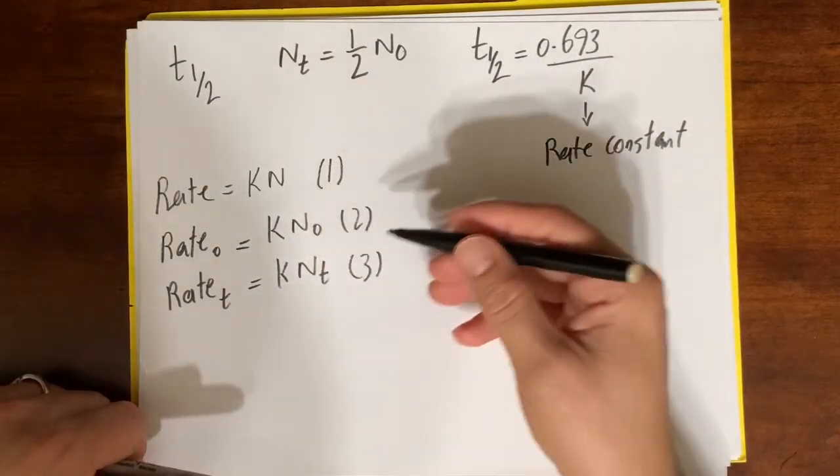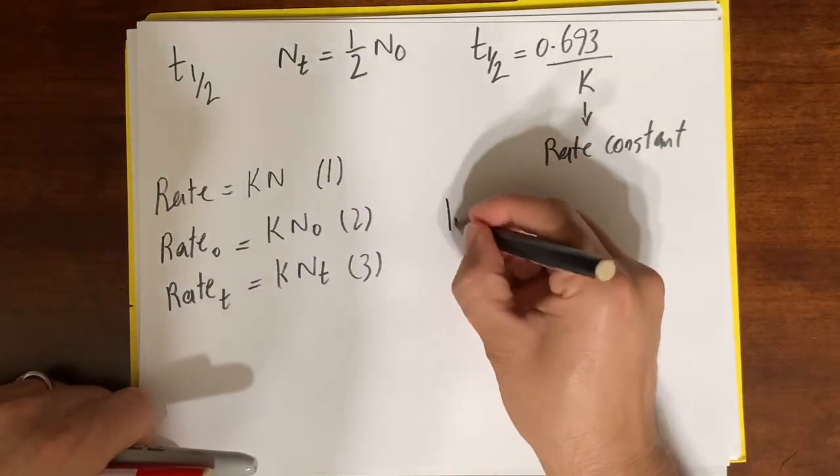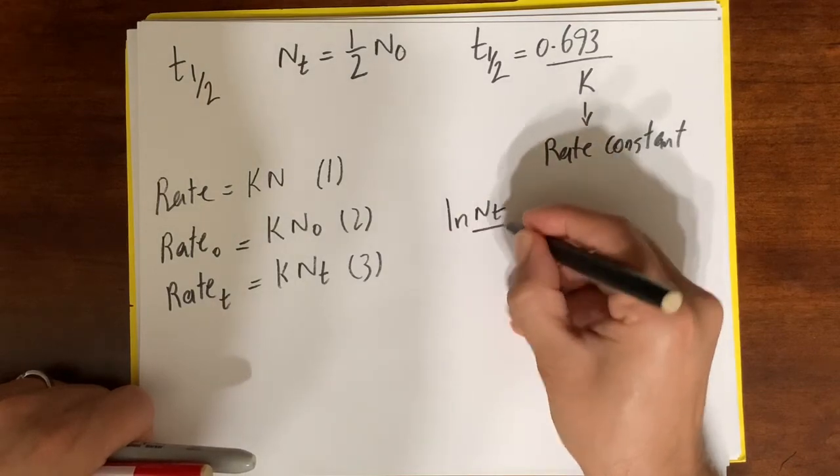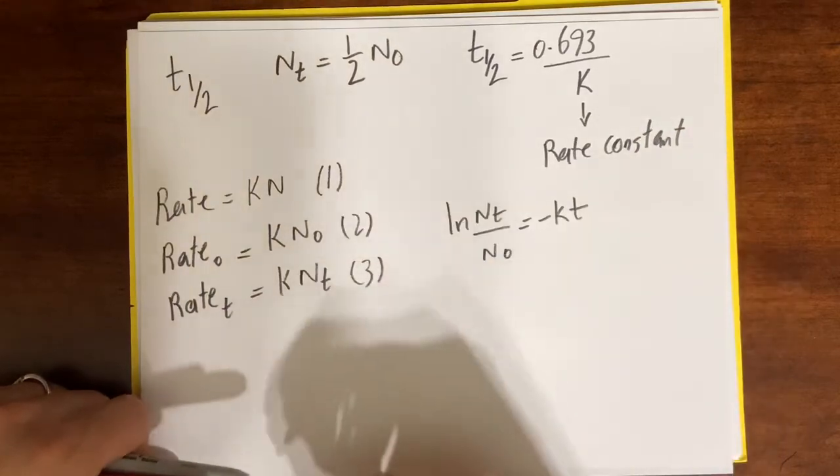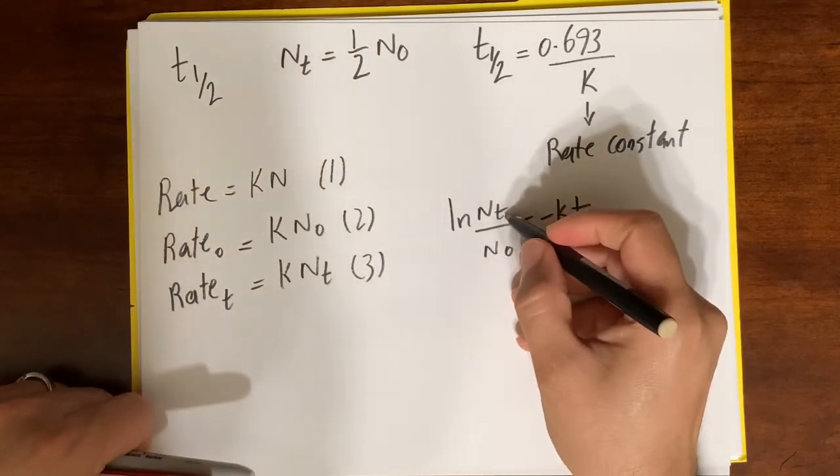Okay, so let's use this formula, ln of NT over N0 equal to minus KT. But we need to know the NT.